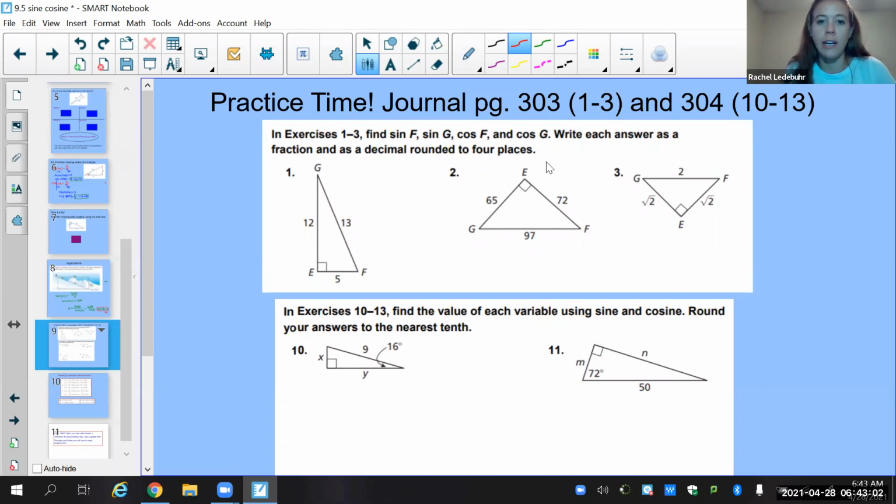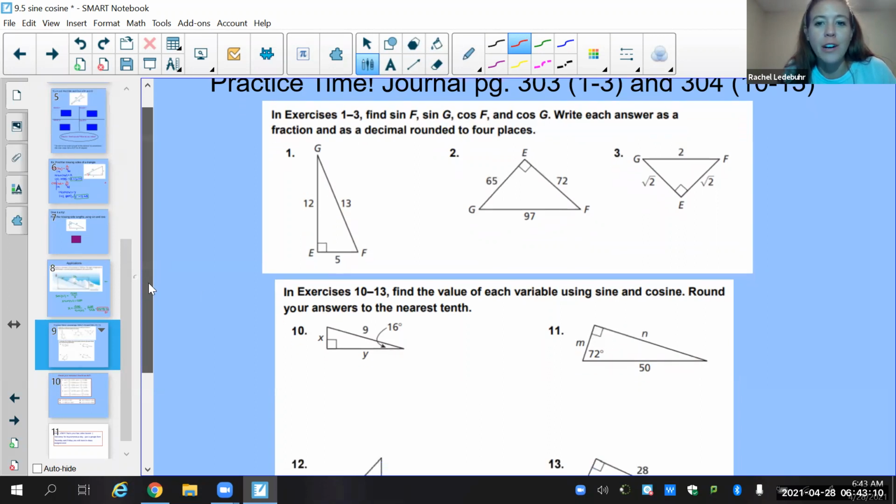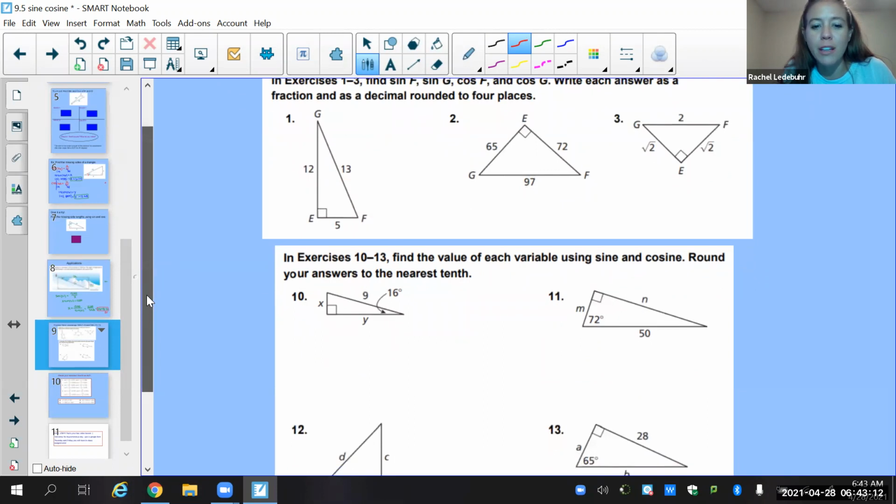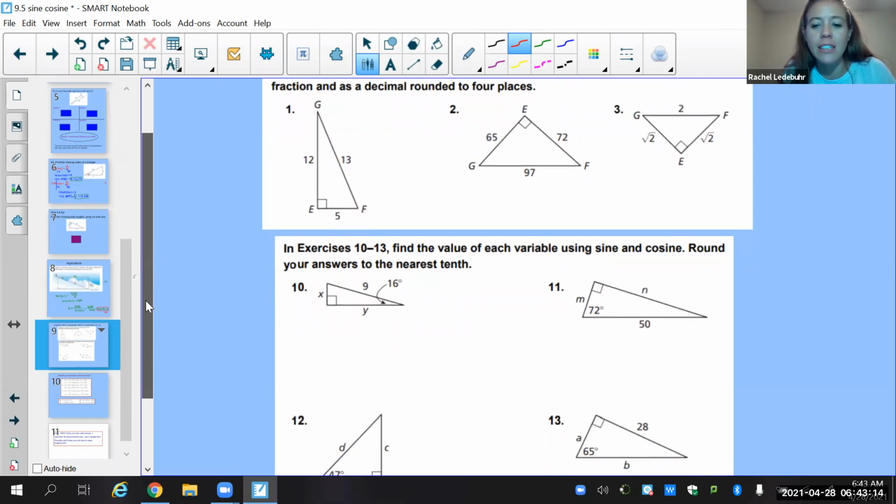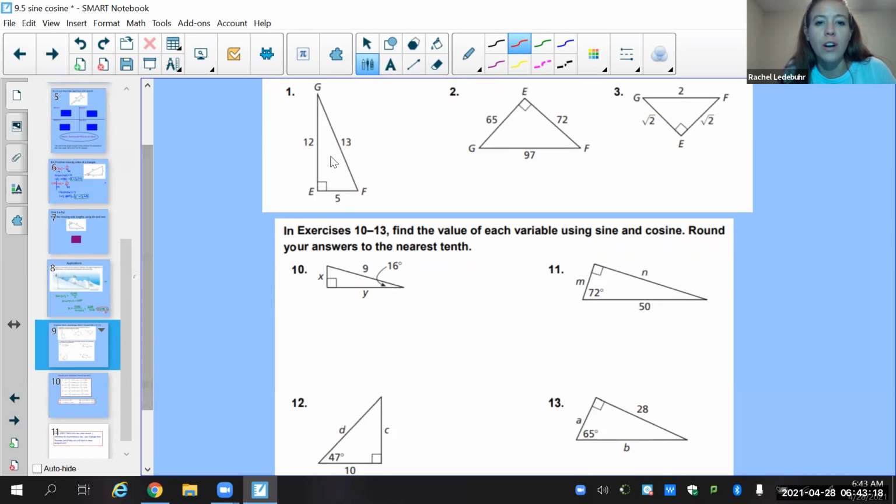Then you're using SOHCAHTOA to find the missing variable. If you don't have a journal, I'll try to fit this all on the same page. Just know that these top 3, you're finding the sine and cosine of the acute angles. All right, ready, go.